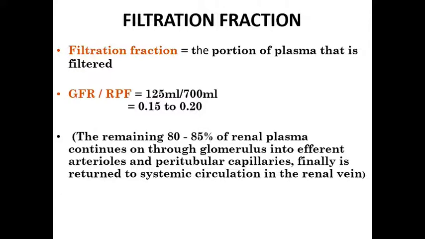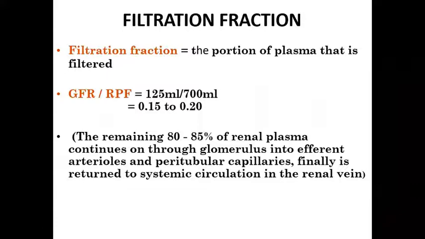So we are looking at filtration fraction, which is the portion of plasma that is being filtered. You have 100% of renal plasma flow going to the kidneys. Remember, I said 22% of the cardiac output goes to the kidneys, but let's say the amount going to the kidneys is 100%. Out of that 100%, how much is being filtered?